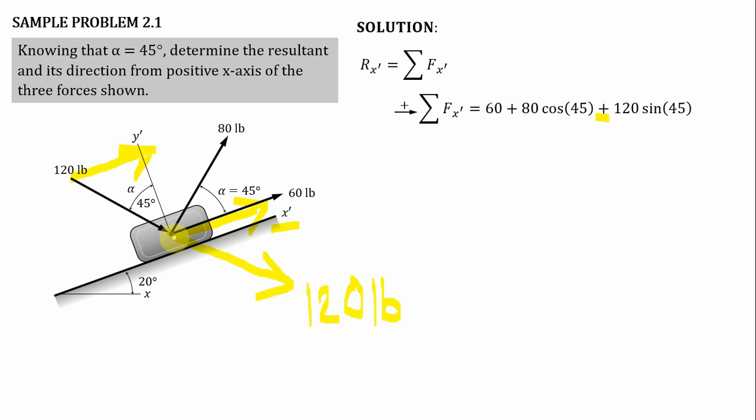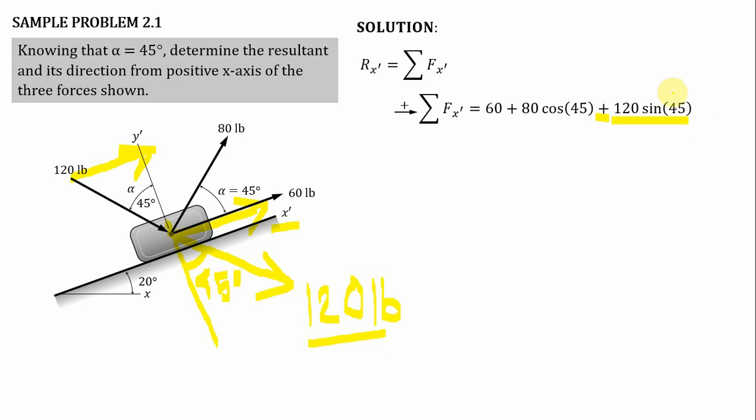So, ang gawin ko lang is i-extend ko yung y prime axis natin. Kung 45 degrees to, therefore, 45 degrees naman to. If we consider this angle, 45 degrees, so therefore, to solve the horizontal component of 120 pounds with respect to x prime, that is 120 sine 45 degrees.